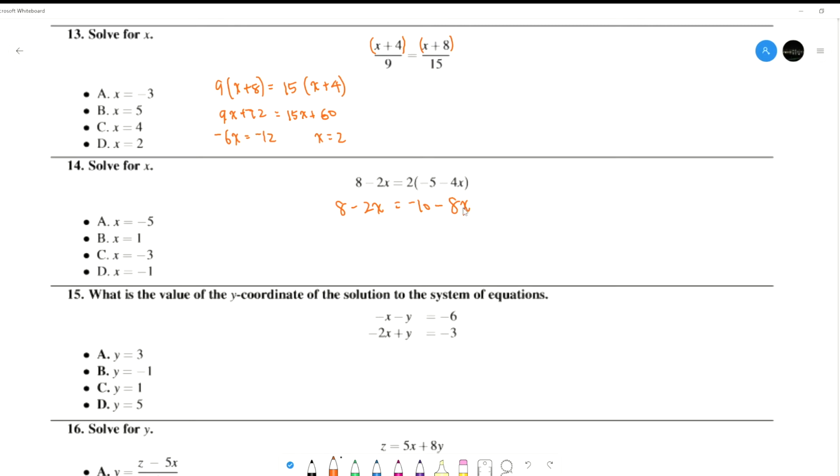To solve for x, we bring our terms with x to the left-hand side, our non-x terms to the right-hand side. So we add 8x, and we get positive 6x is equal to negative 10 minus 8. So that's negative 18. We can divide by 6, and we get x is negative 3. So that's C. And the previous one was D.